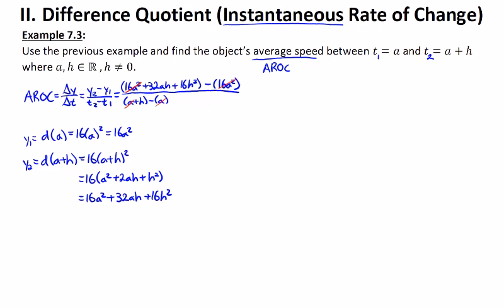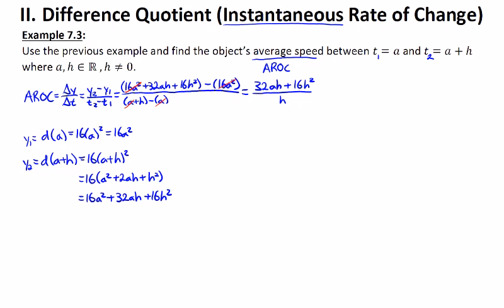So this statement for the average rate of change, which starts off looking a little messy because we have all these a's and h's floating around, is actually not going to be as bad as it first seemed. It's going to be 32ah plus 16h squared, all divided by h. And now we can do this step further.